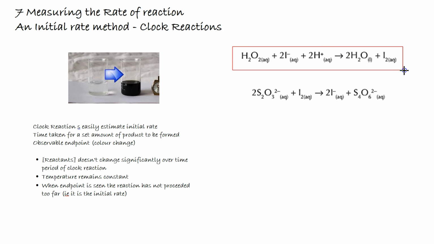The actual clock reaction looks at the reaction of hydrogen peroxide with iodide ions to make iodine. To see the iodine form, we add starch, and when that has happened, we see the change from blue to black. So the starch and iodine form a blue-black solution.